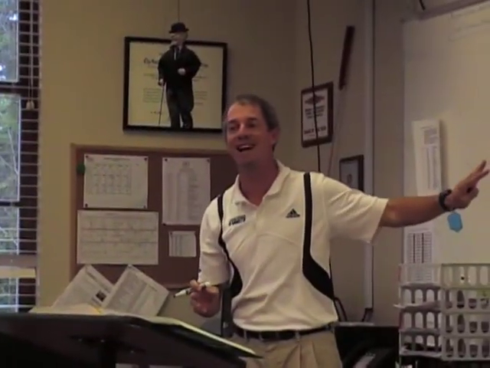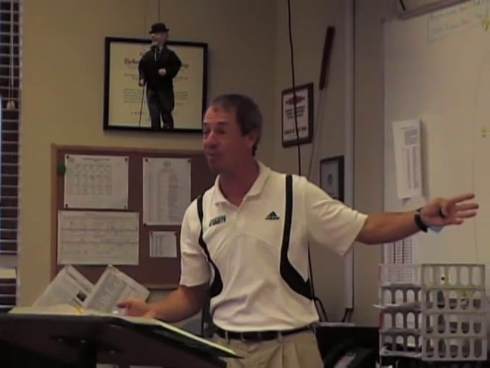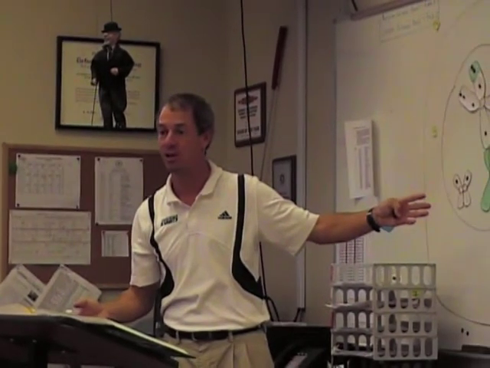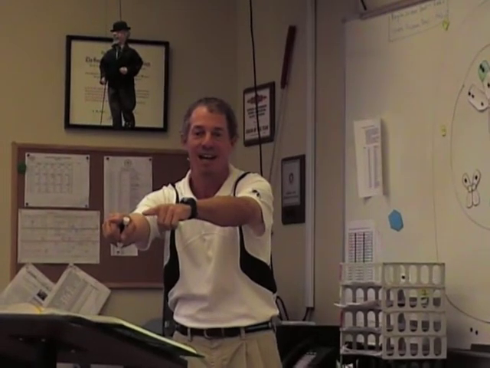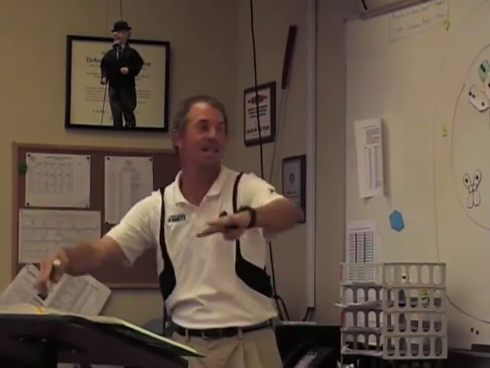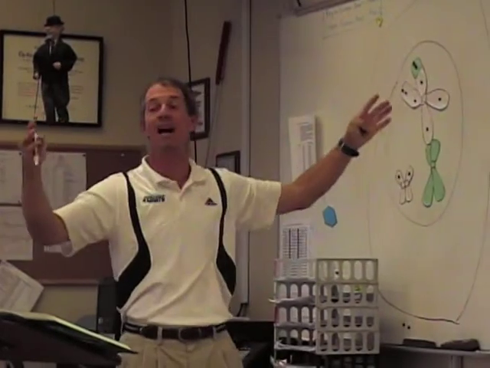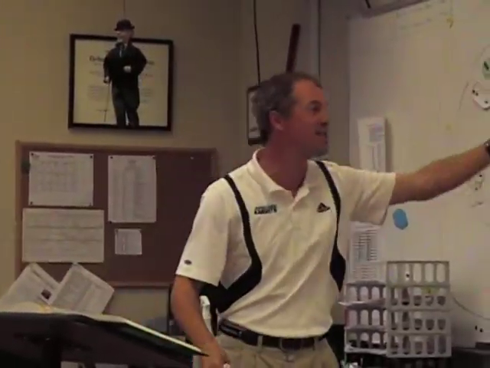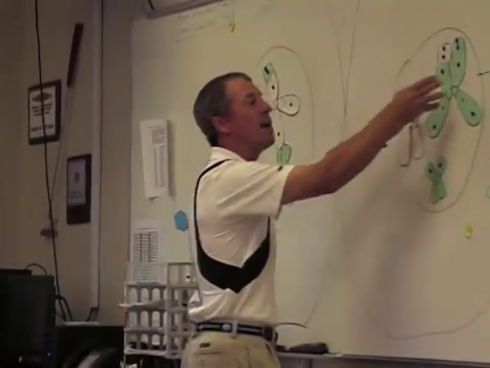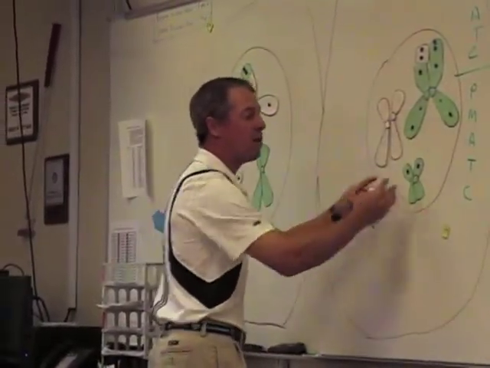What's different about these cells than at the start? Major difference: they only have 3 chromosomes instead of 6, and what do we call that? Haploid. These cells are haploid. The first cell we started with had 2 sets of chromosomes. This cell only has 1 set: 1 of the big one, 1 of the medium one, and 1 of the small one.